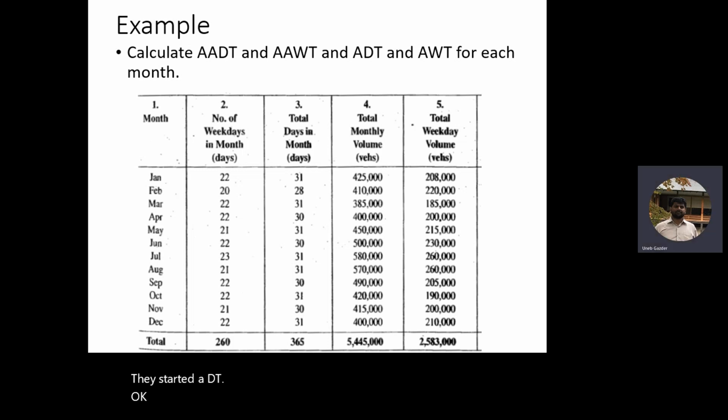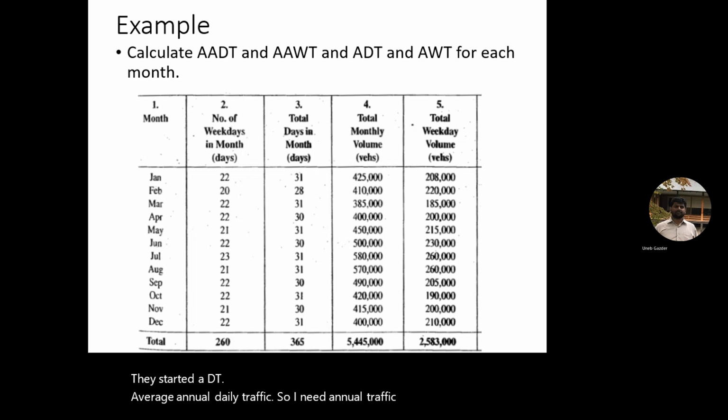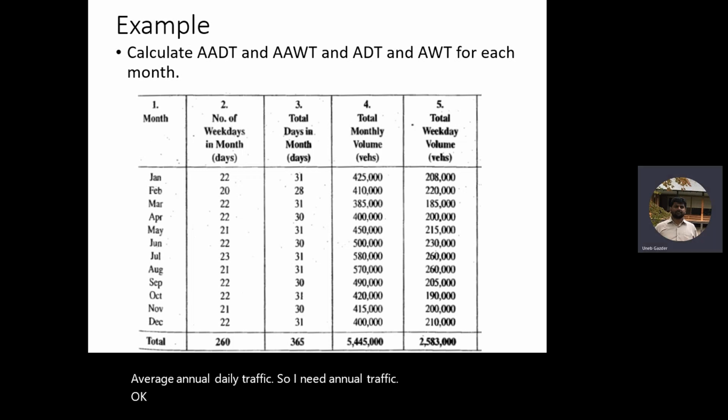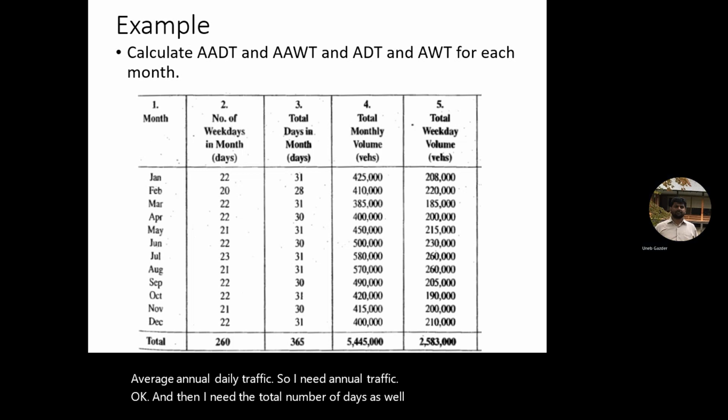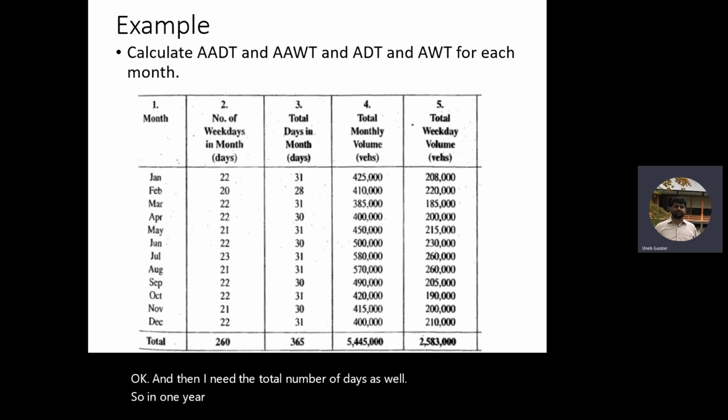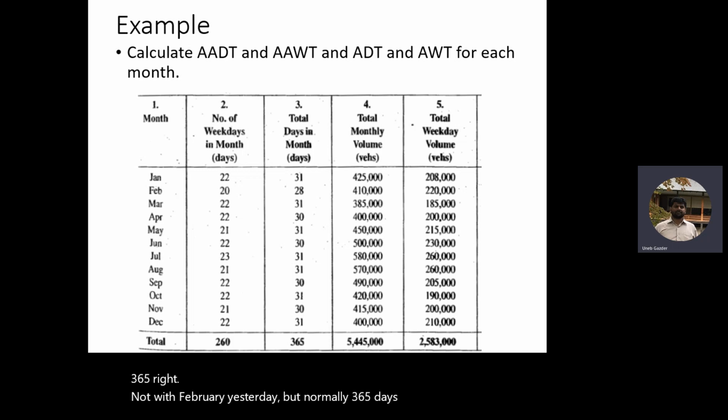They start with AADT, average annual daily traffic. So I need annual traffic, and then I need the total number of days as well. In 1 year, I have how many days? 365, right? Not with February as 30, but normally 365 days. So we know the total number of days in the year.